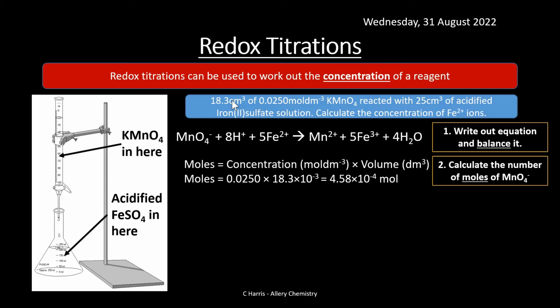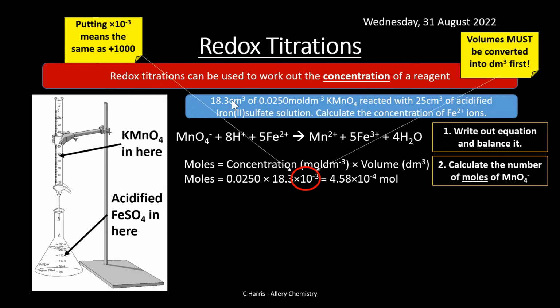Remember, we've got to convert that to decimeters cubed first, so we divide that number by 1,000. I've put times 10 to the minus 3, which means exactly the same as dividing by 1,000. That gives us 4.58 times 10 to the minus 4 moles. So that's the number of moles of manganate that was added in here.